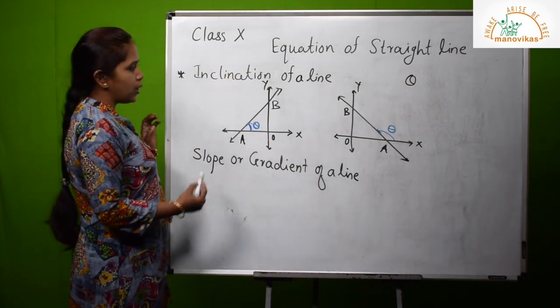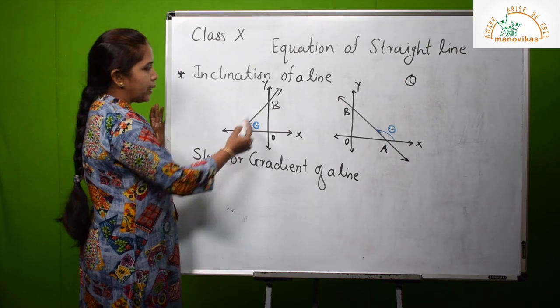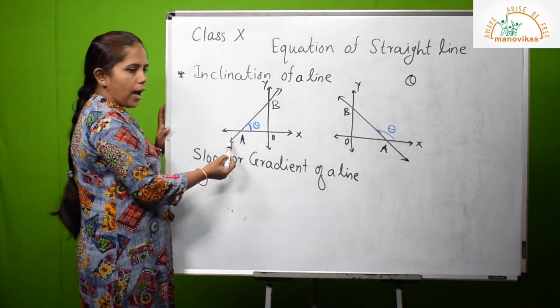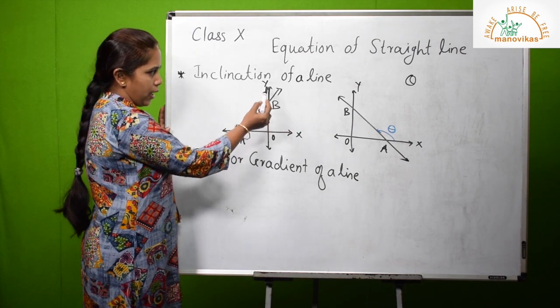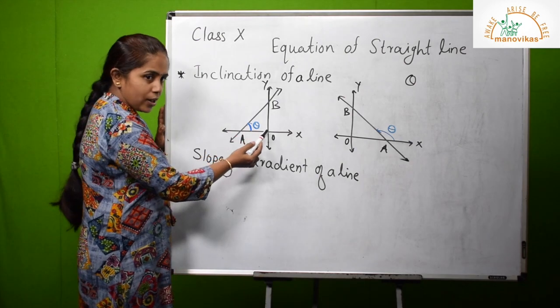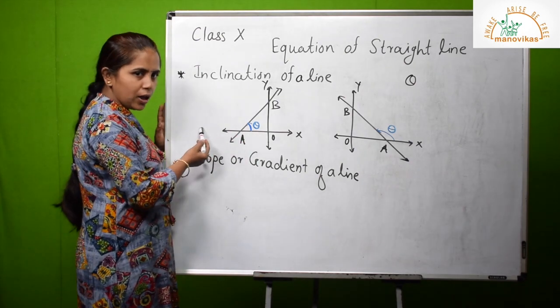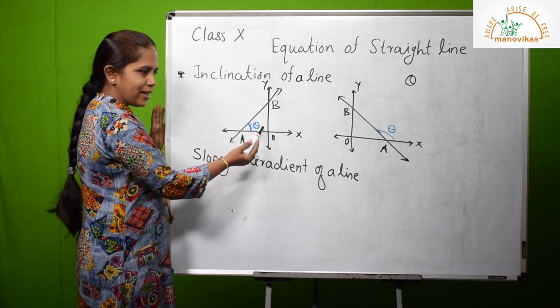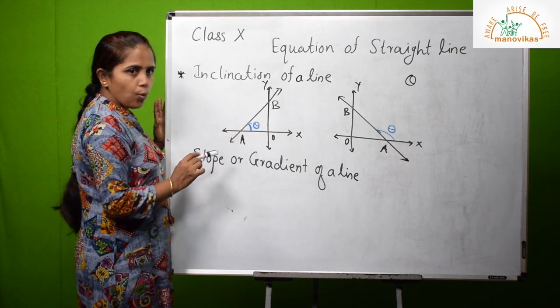For example, again one more example. Suppose line AB intersects the x-axis at point A and the y-axis at point B. Here point A is on the negative side of the x-axis and point B is above the x-axis, on the positive side of the y-axis.